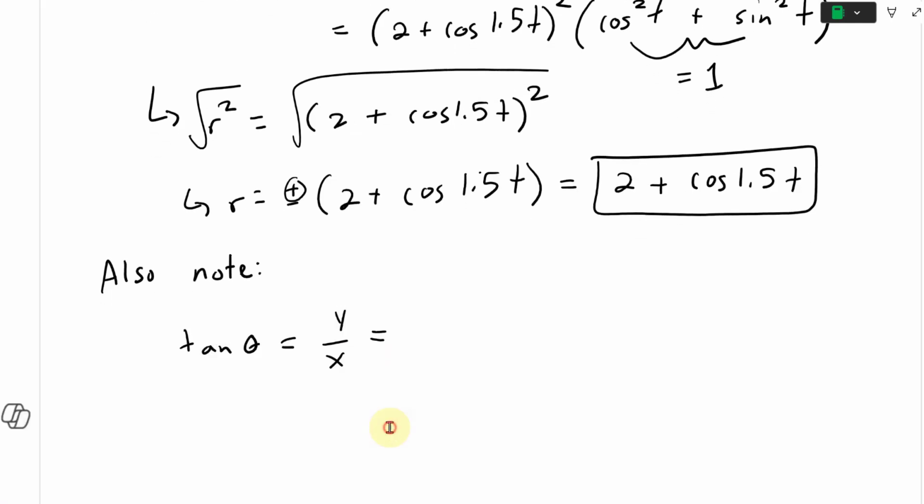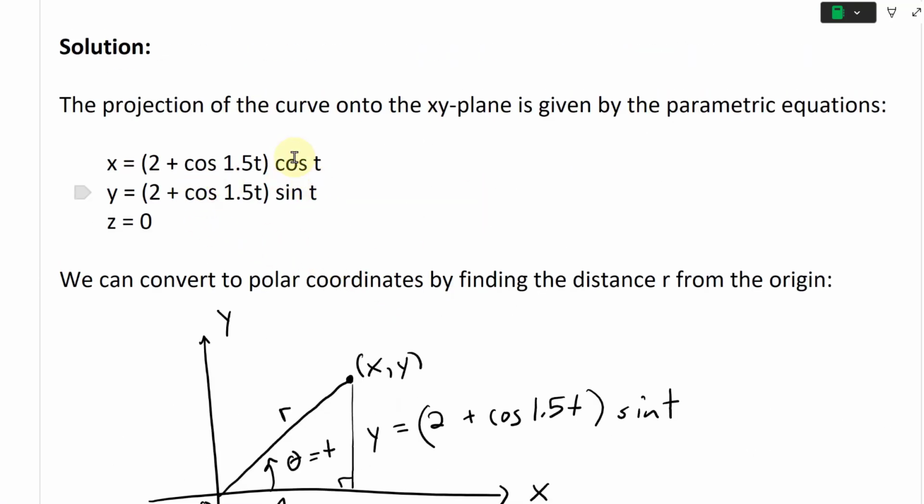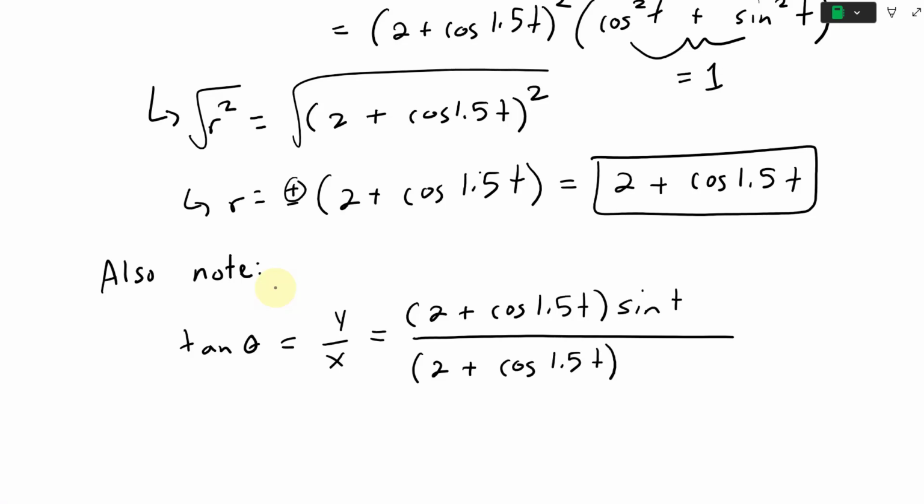So this is going to be 2 plus cosine 1.5t, and then sine t. The y has the sine, and the x has the cosine. So divide this all by 2 plus cosine again 1.5t, and this is going to be cosine t.